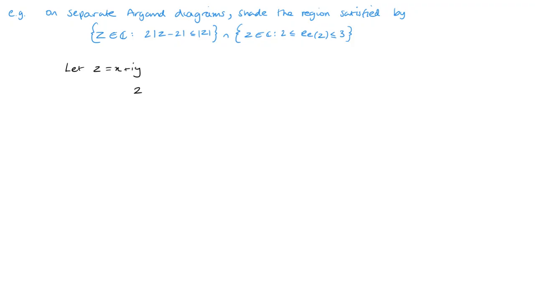So then we have 2|x + iy − 2| less than or equal to |x + iy|. Now I want the x's together. Like so. Now let's square.